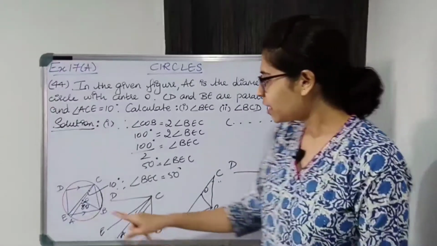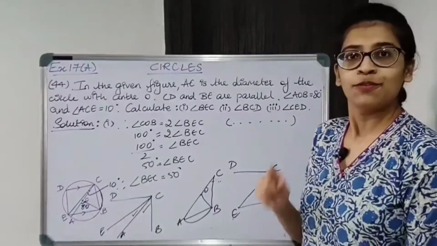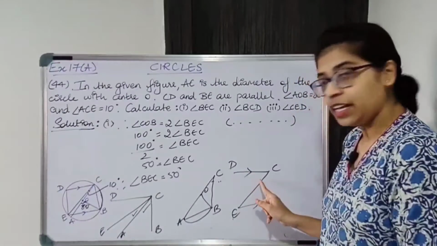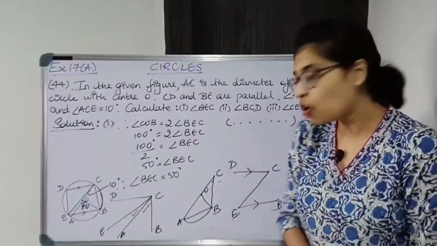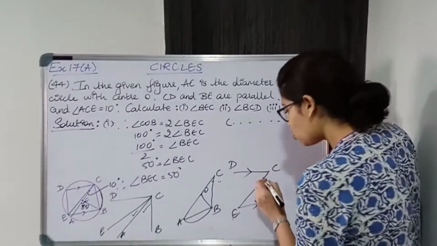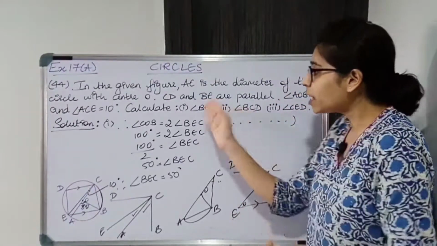I need to find ECD. ये ECD find करना है. For ECD, okay. I know ECD and BEC are forming alternate angles because these two are parallel and this is the transversal. So these two angles are equal. And students, I just found angle BEC.